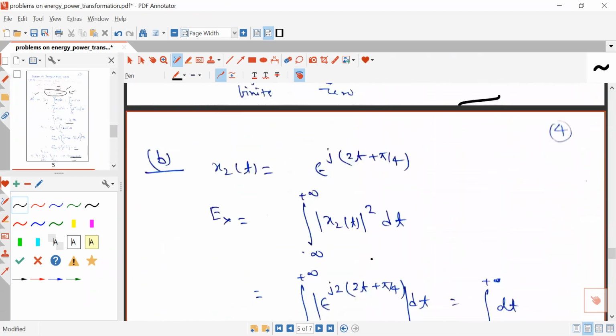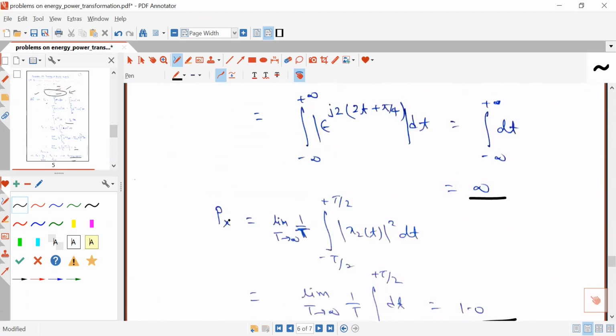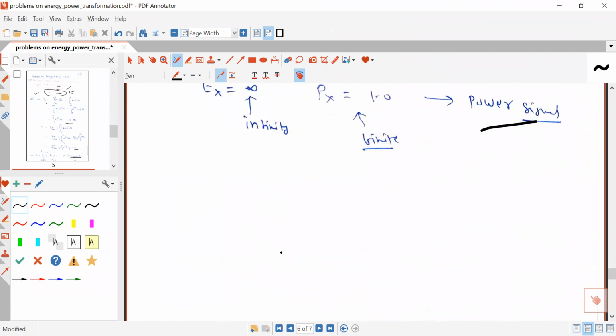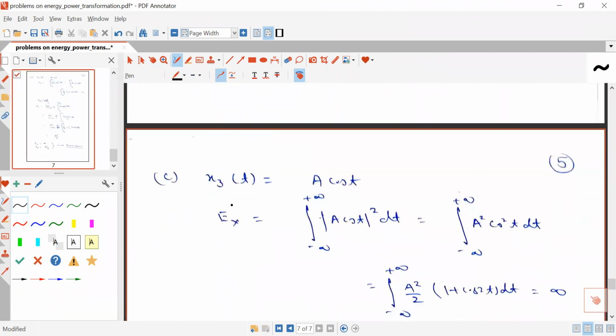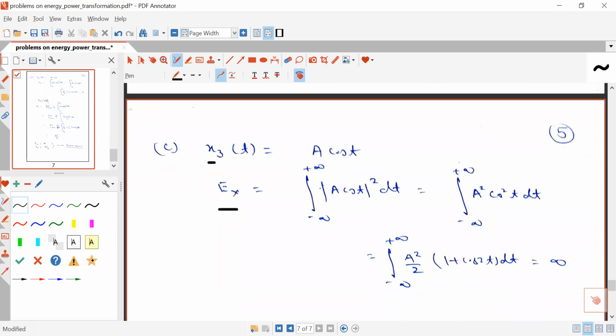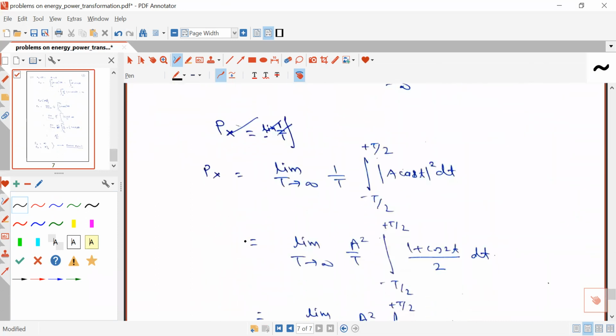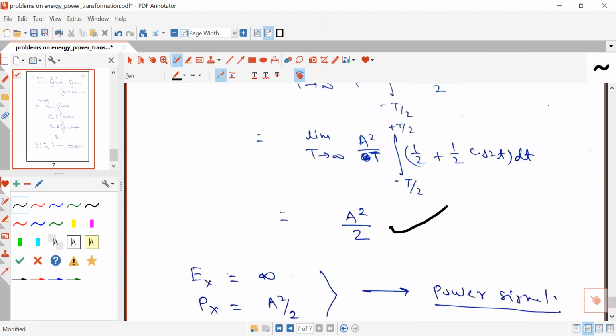But you can also solve this by using these two formulas. I have solved this in this PDF file to get the value of its energy and power. You can see here its energy is infinity, but when I calculated its power, it has some definite value.